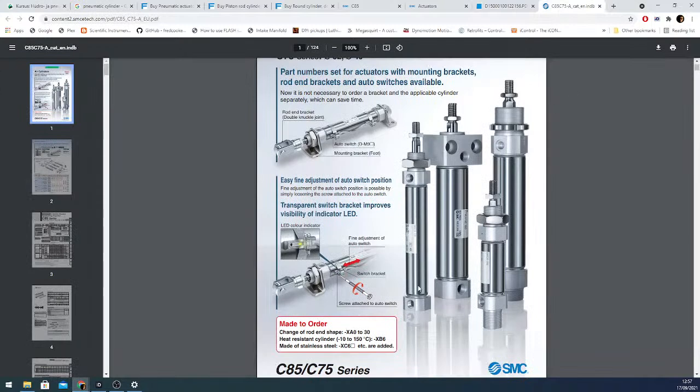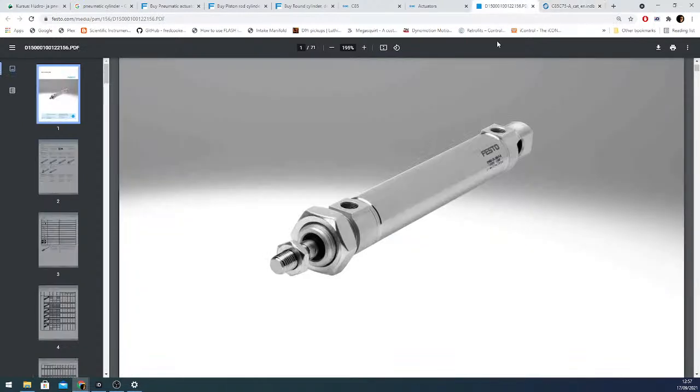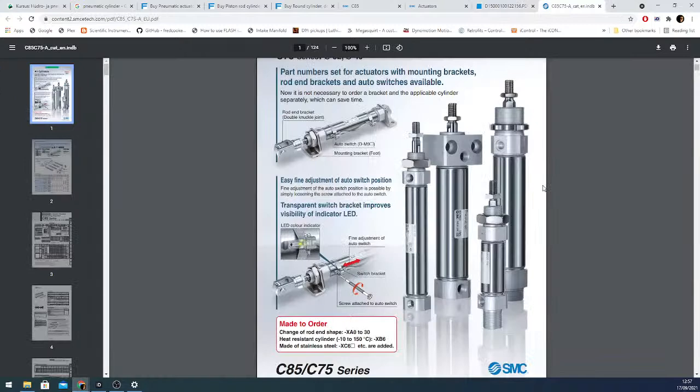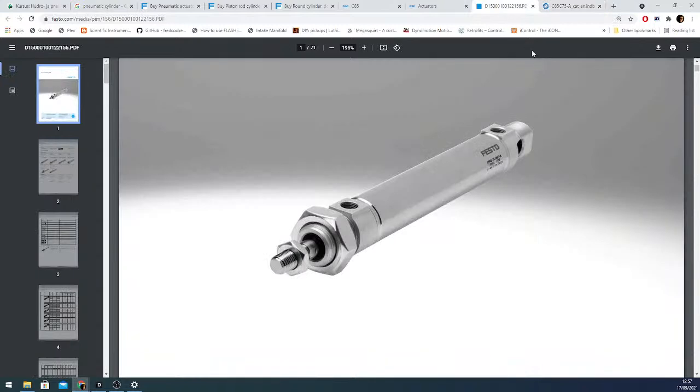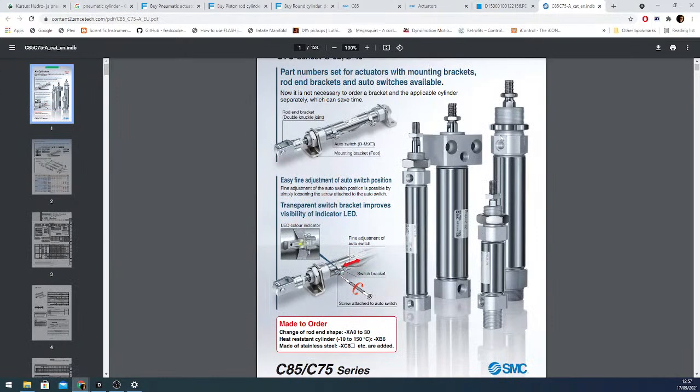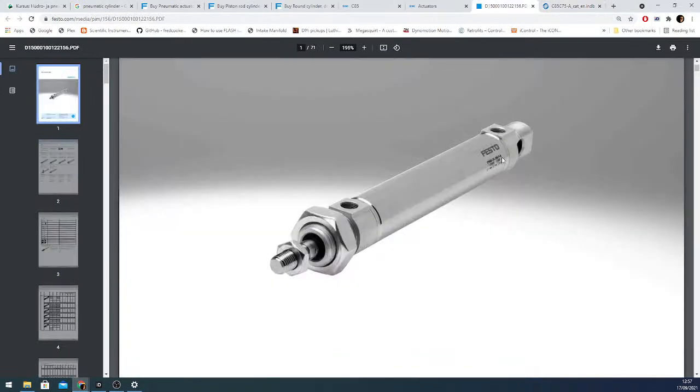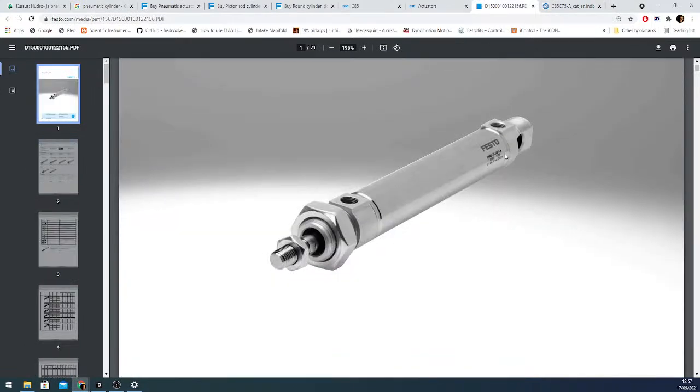For example, if you look at that cylinder that's on the left here and compare it to the cylinder here on the Festo page, there are not too many differences. They kind of look the same, don't they? Yeah, it looks similar, very similar.